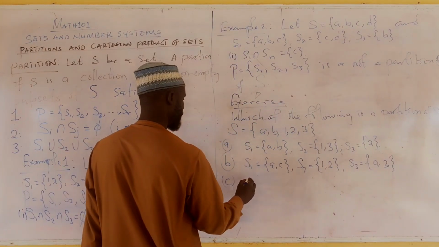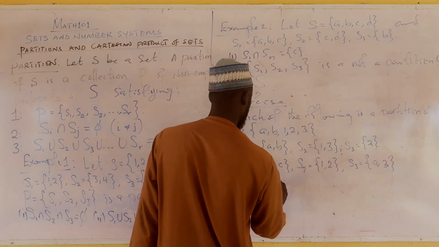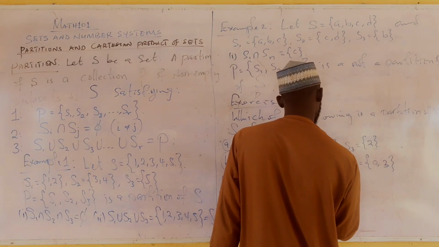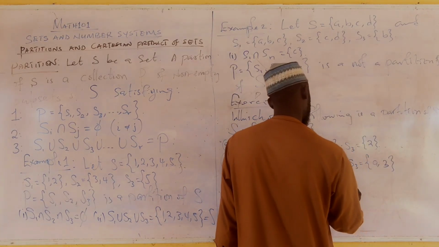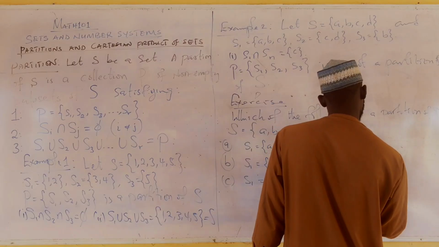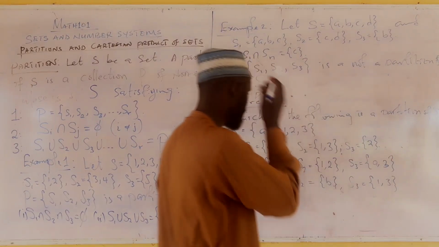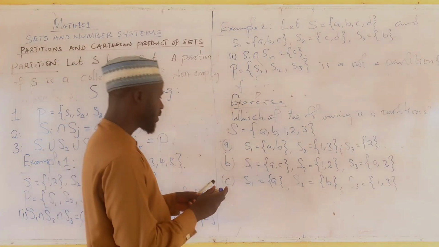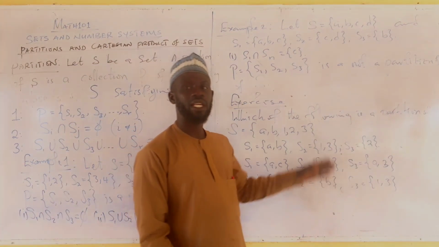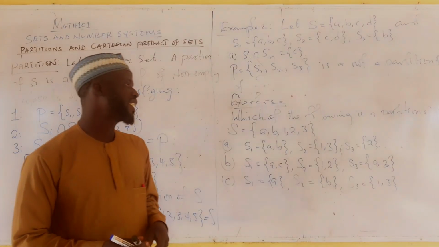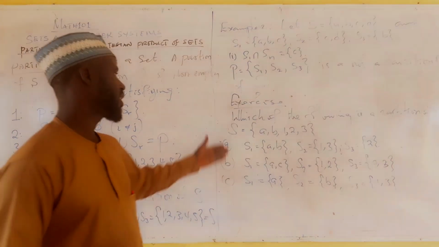Then C: S1 is equal to a, S2 is equal to b, and S3 is equal to 1, 3. So now it is left for the readers to tell us which one is actually a partition of the set S here.